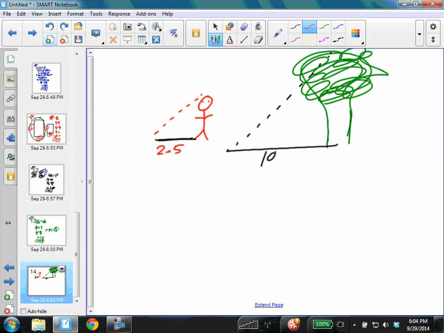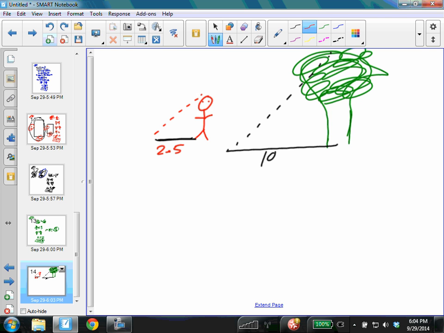There it is. A boy standing next to the tree casts a shadow of 2.5 feet. The triangle shown for the boy and his shadow is similar to the triangle shown for the tree and its shadow. If the boy is 6 feet tall, how tall is the tree?